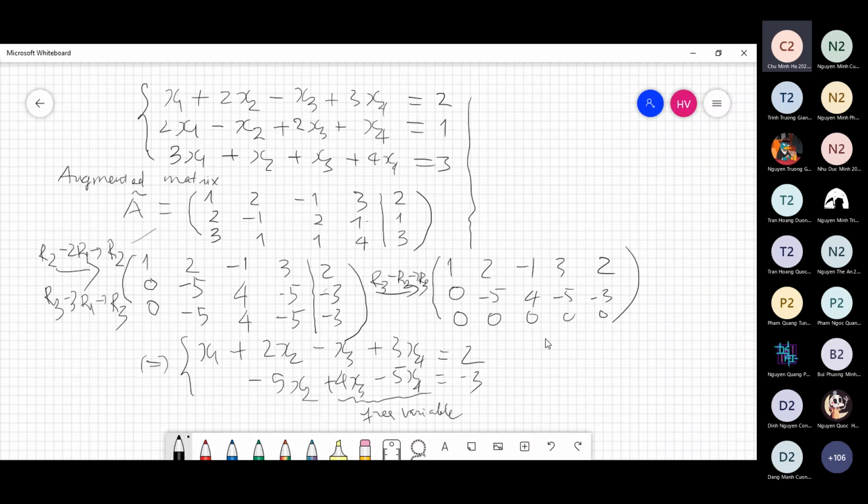So we obtain the following by substitution. x2 equals minus 3 minus 4x3 plus 5x4, over minus 5, so this will be plus and minus here.